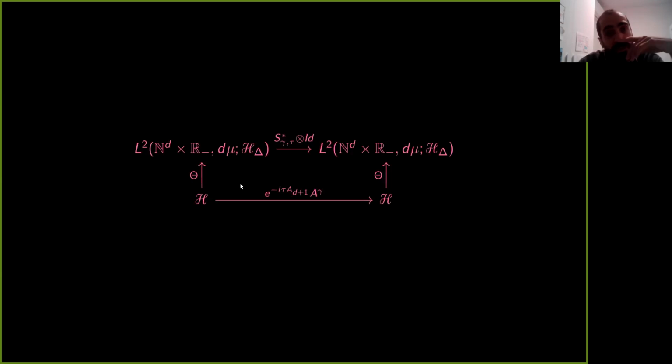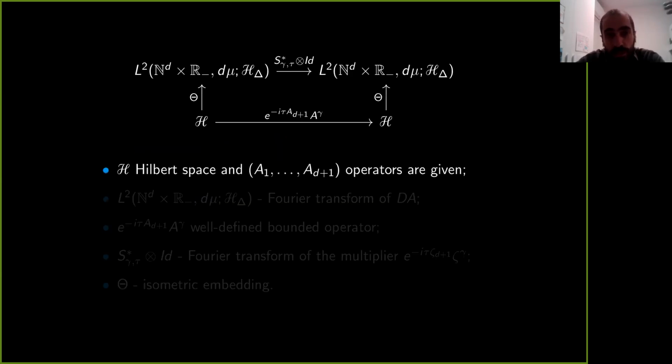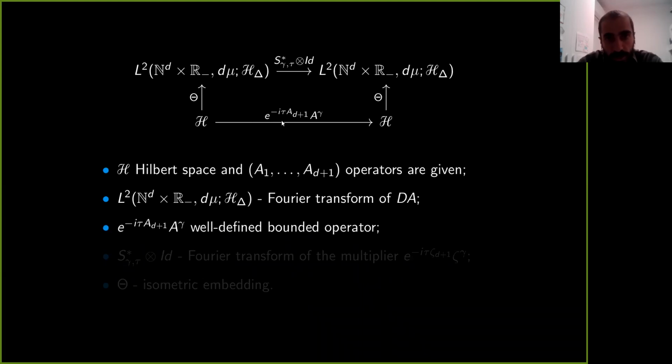I told you everything, and just to recap, H is the Hilbert space, and A1, ..., AD plus 1 are the given operators. This L2 space is for us just the Fourier transform of our Drury Arveson space. This operator here is well defined and bounded because of our assumption.